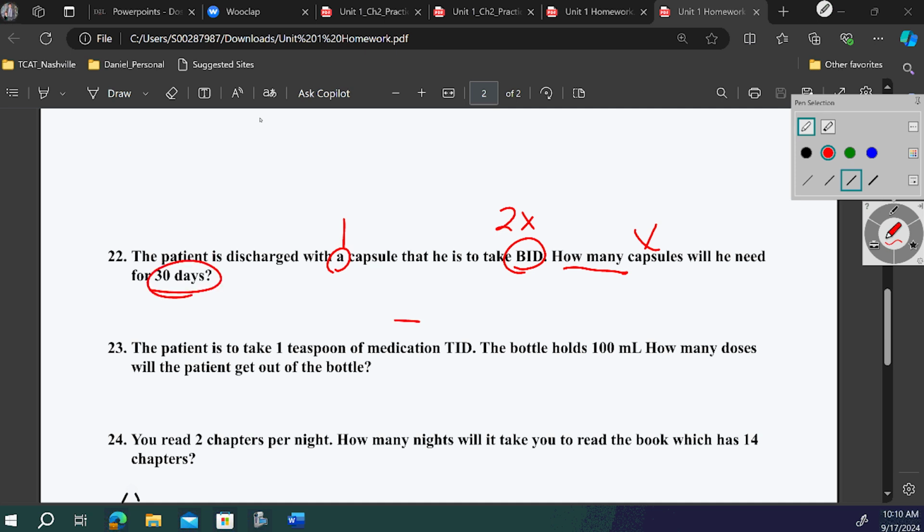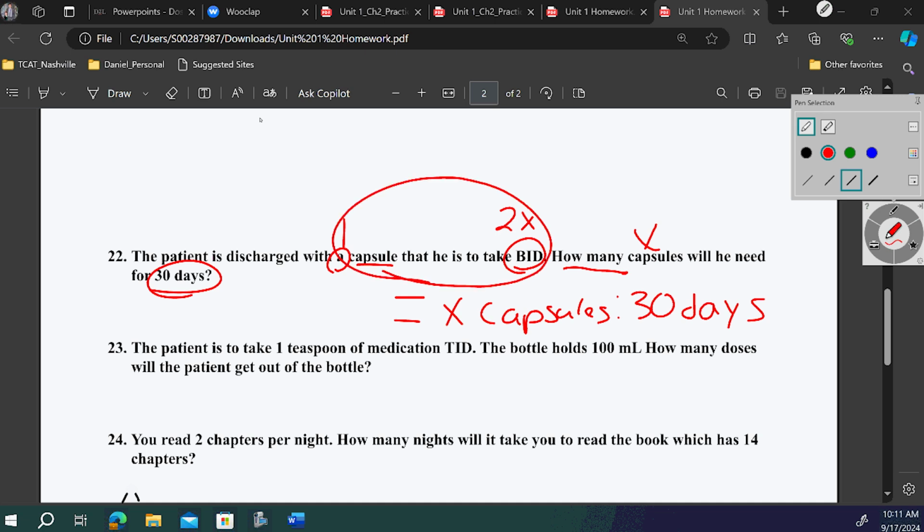So it would be literally x capsules for 30 days. I know they told me they take 1 capsule BID, twice a day, right? Which I can do a little bit of quick math and go, how many capsules is that a day then? 2. So I know from what they've told me here, what the order was, that they are taking 2 caps.